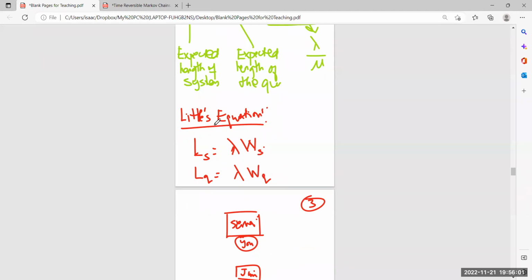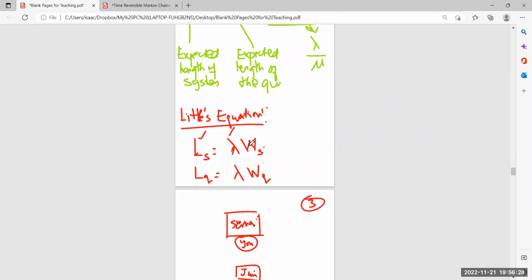Just apply Little's equations: LS is equal to lambda times WS and LQ is equal to lambda times WQ. You know LS, you know lambda, just make WS the subject of the formula. That's all.